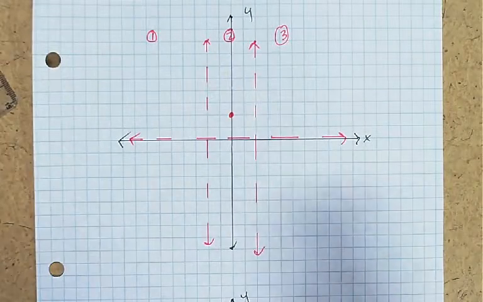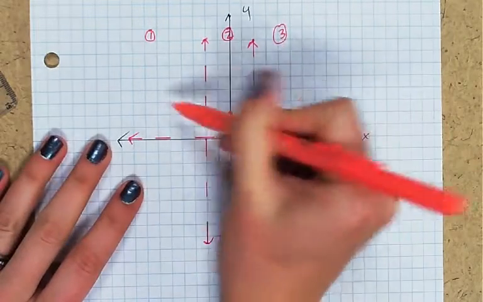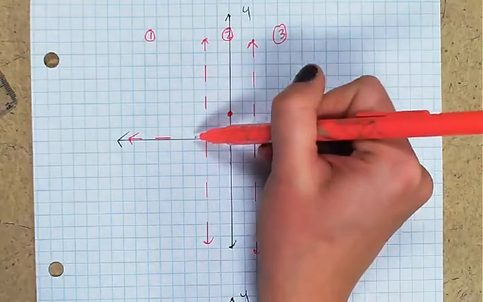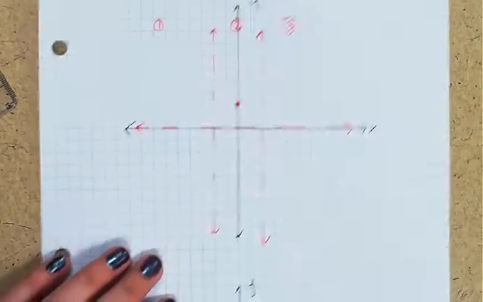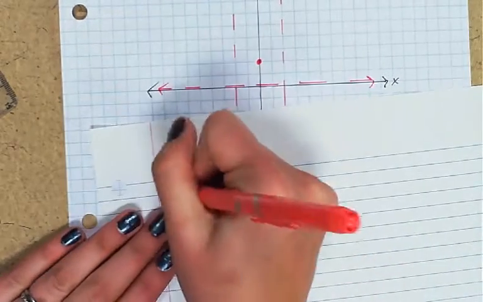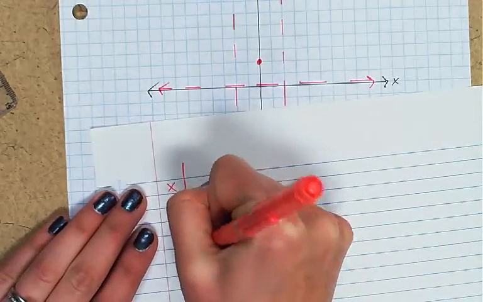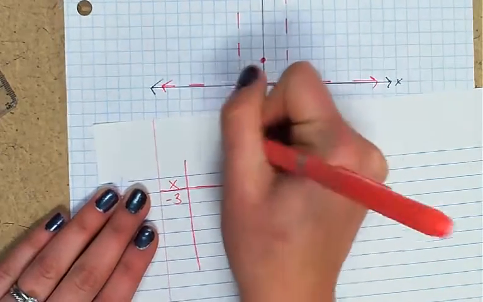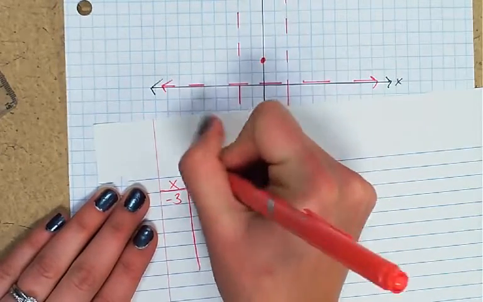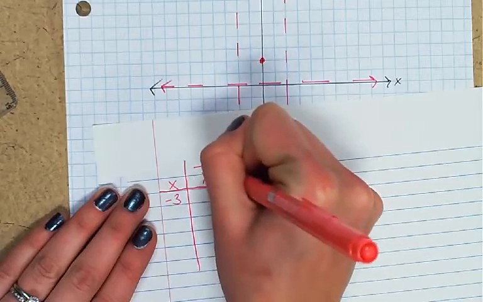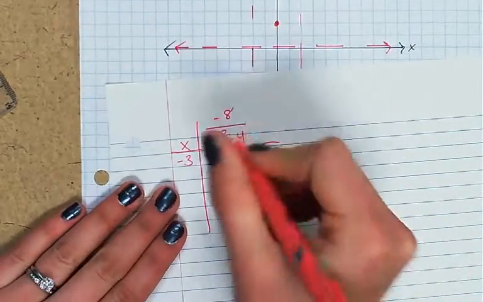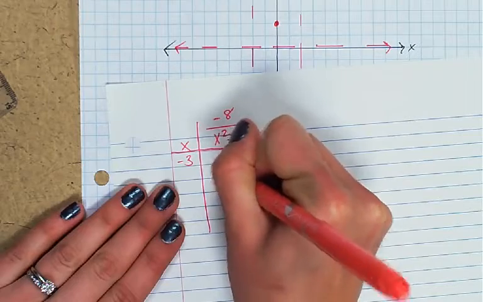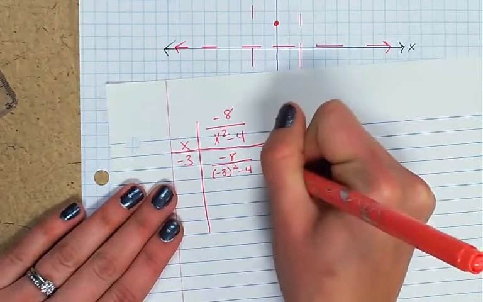Over here, I'm just going to choose an x value that's on the left. If our vertical asymptote is -2, I'm just going to choose -3. Again, our equation was -8 over x squared minus 4. So if I plug in -3, I'm going to get -8 over -3 squared minus 4.